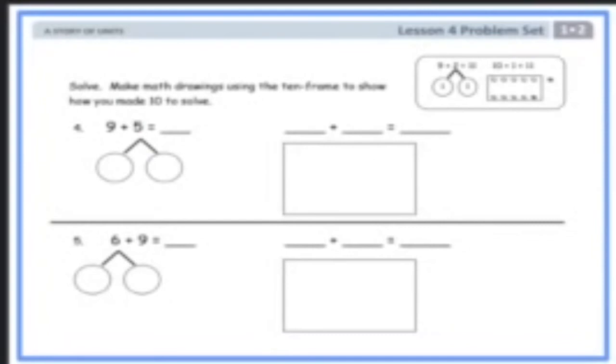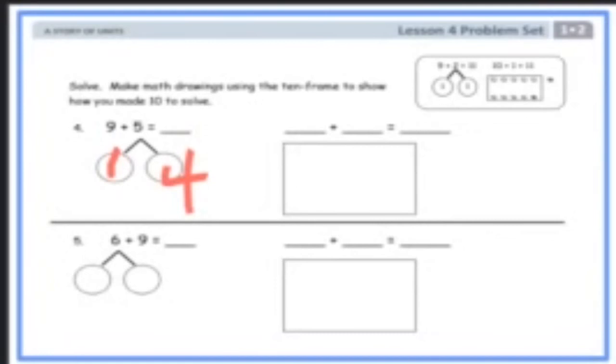Alright, moving on in our worksheet, it says solve and make math drawings using the 10 frame to show how you made 10 to solve. Yes, 10 frame is a card or a box where we make 10. Alright, so I'm going to make 10 right away by sharing my 5, which is 1 and 4. Okay, so 9 plus 5.